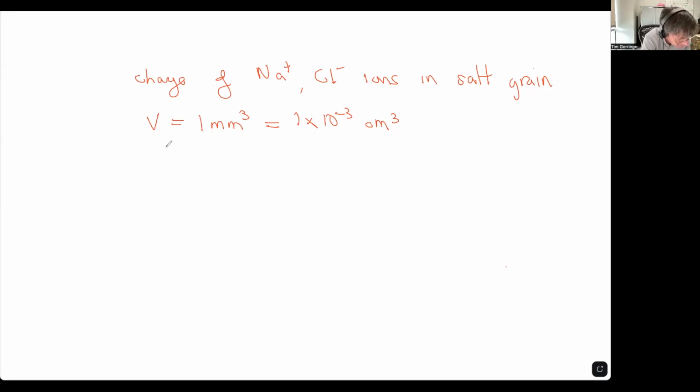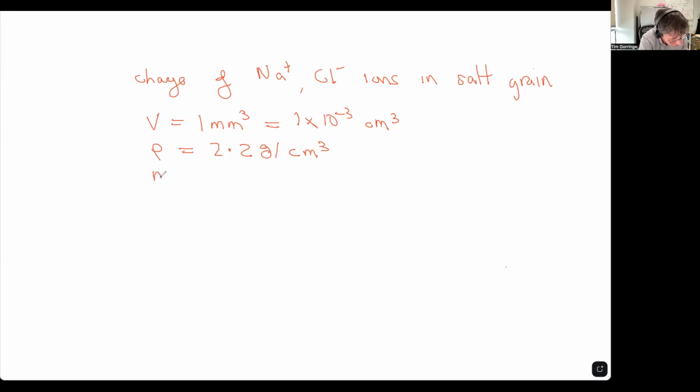So I did cheat and look up the density, rho I'm going to call it, of sodium chloride, and I found it to be 2.2 grams per cubic centimeter. Armed with that piece of information, I can then calculate the mass of my little grain of sodium chloride.